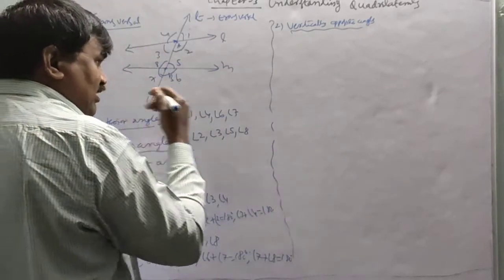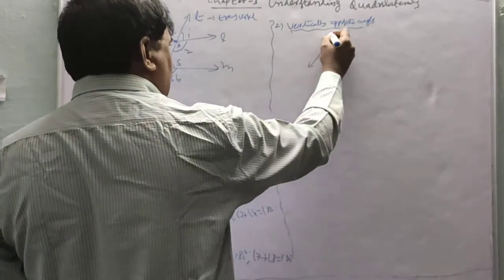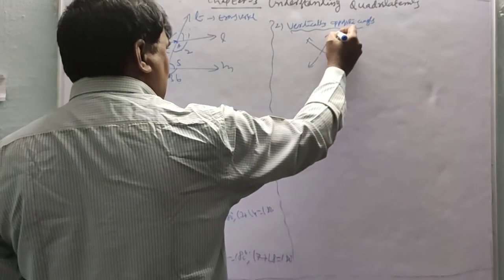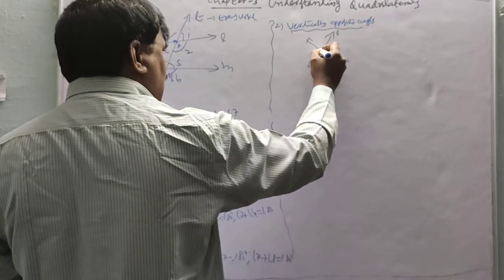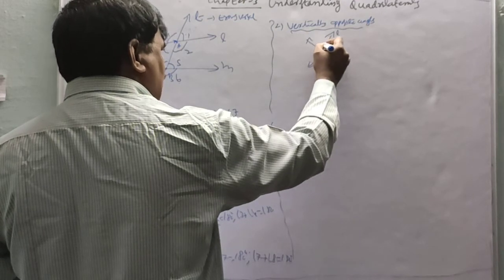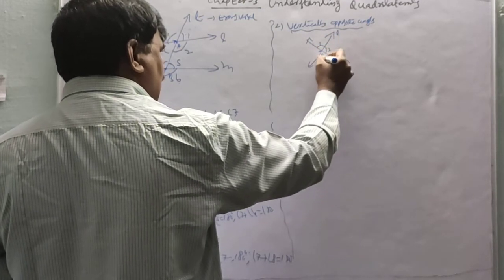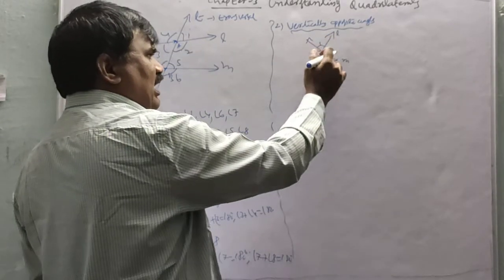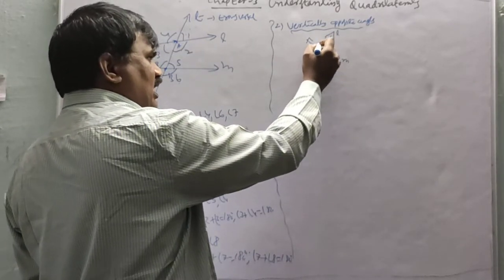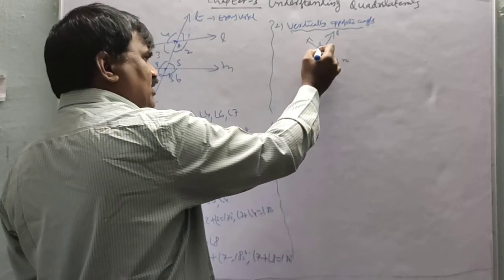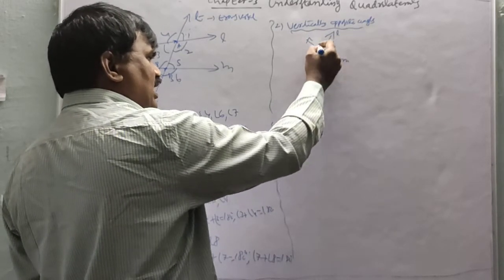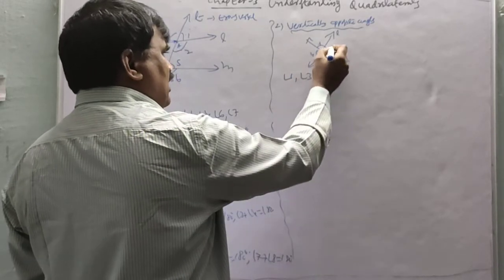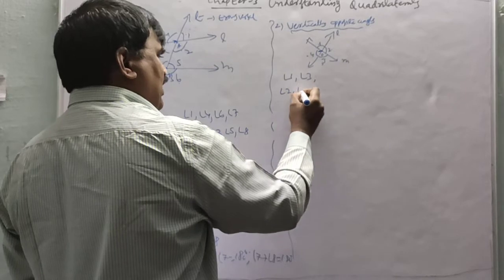Now if you observe this, suppose two lines intersect, for example these are the two lines L and M, this is the vertex, how many angles are formed? 1, 2, 3, 4. These are 4 angles. Now 1 and 2 are linear pair, but 1 and 3 are opposite angles, they are opposite at vertex. So 1 and 3 are called vertically opposite angles. Next, 2 and 4 are vertically opposite angles.